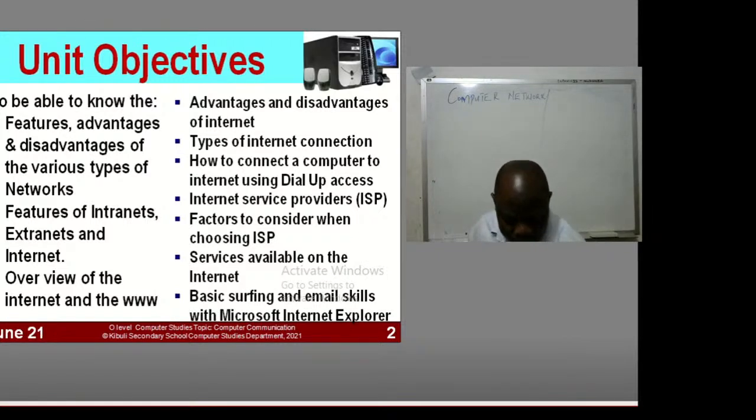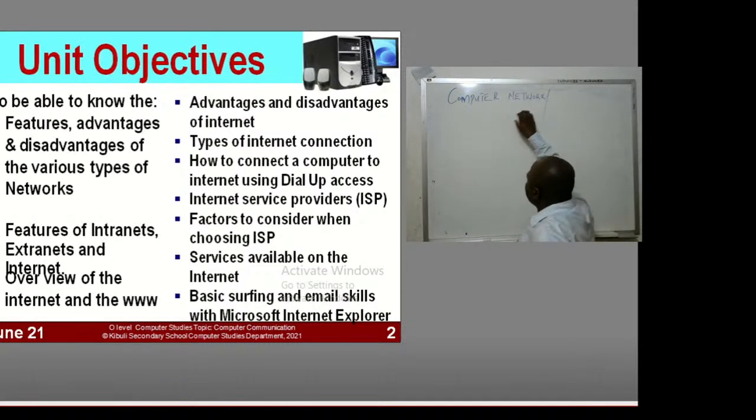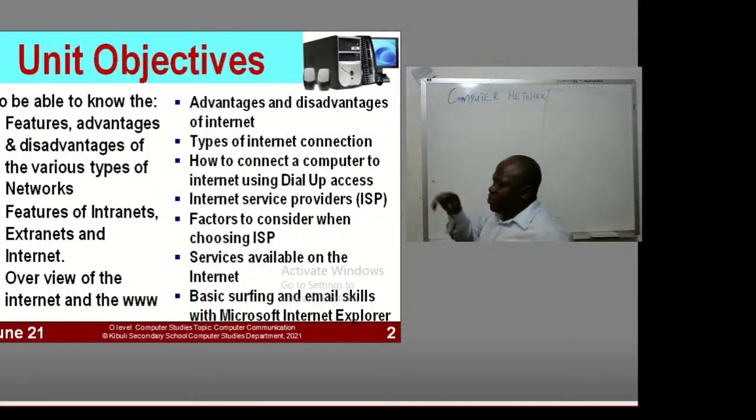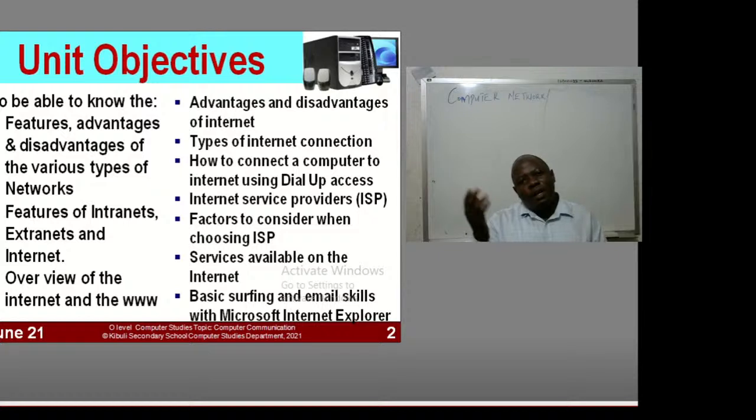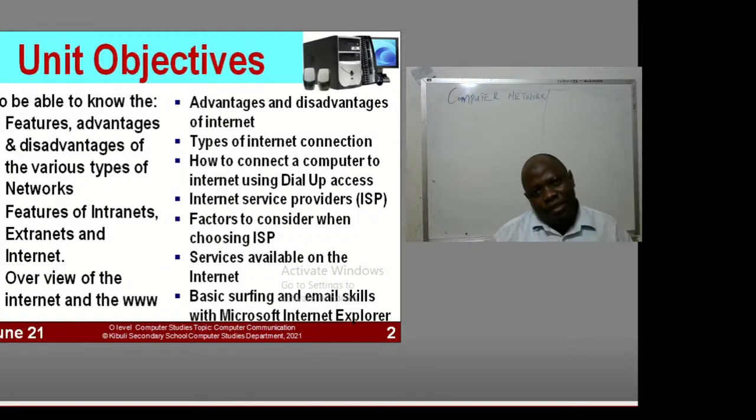So to begin with, as you look at computer, you remember in Senior 1 when we started this topic, we said, what is a computer? A computer is an electronic device that inputs data, it processes, it stores, and then outputs.